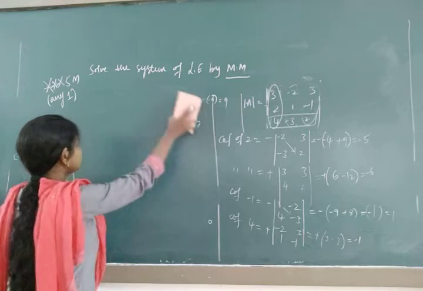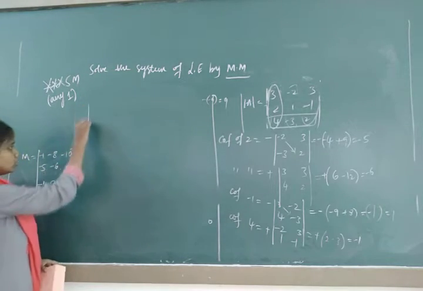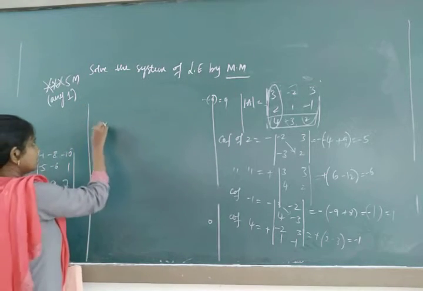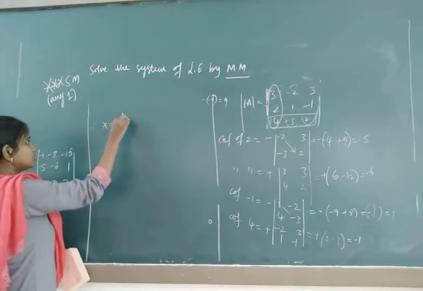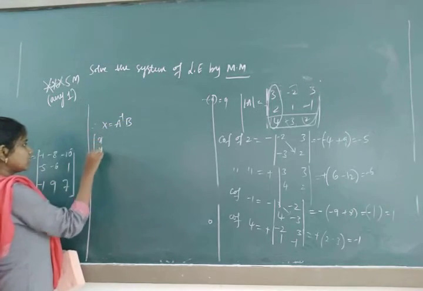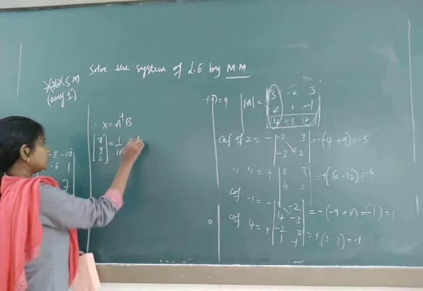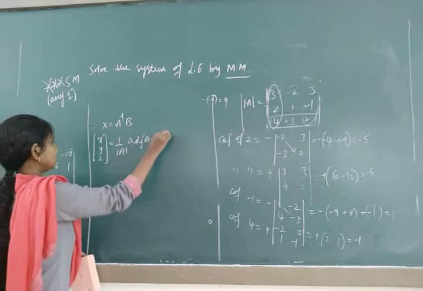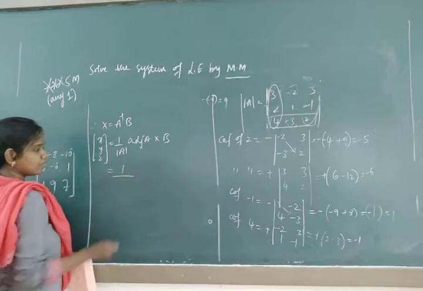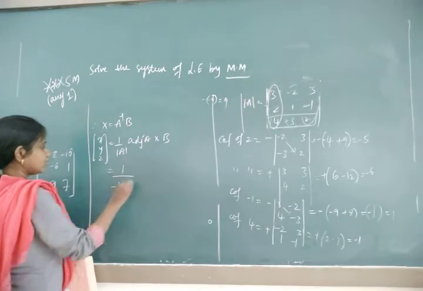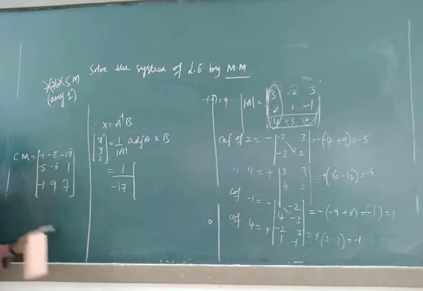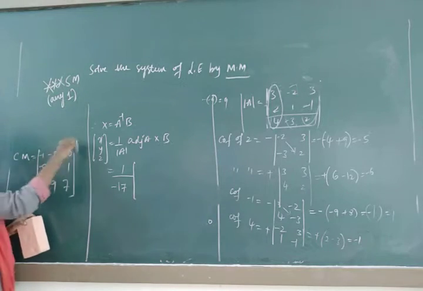Now substitute in the formula. What was our formula? That is X is equal to A inverse into B. X value is x y z. A inverse means 1 by determinant A into adjoint A into B. 1 by determinant A value is how much? Minus 17. We need adjoint A, but we have the cofactor. Take a transpose of this.